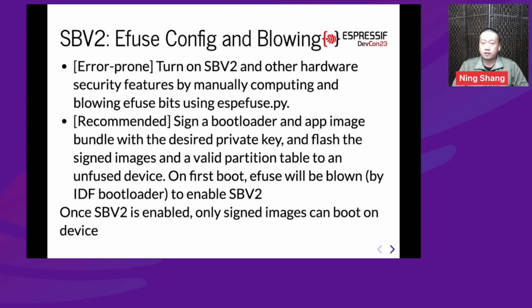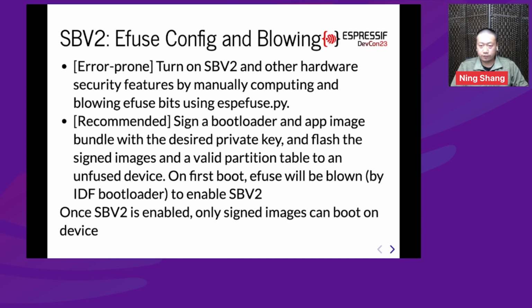We can burn the individual eFuse bits based on the values computed from the public key and the handpicked values to enable secure boot, using the ESP eFuse tool. We don't recommend it because it's easy to make a mistake if we burn individual fuses. If we mess up one bit, we may break a device.